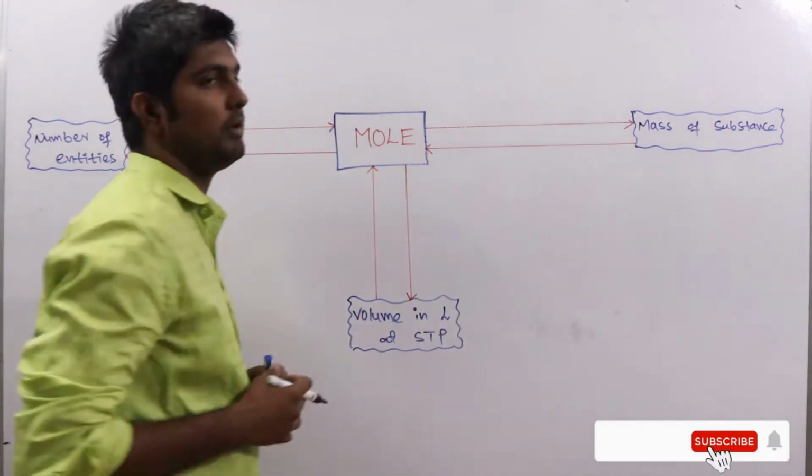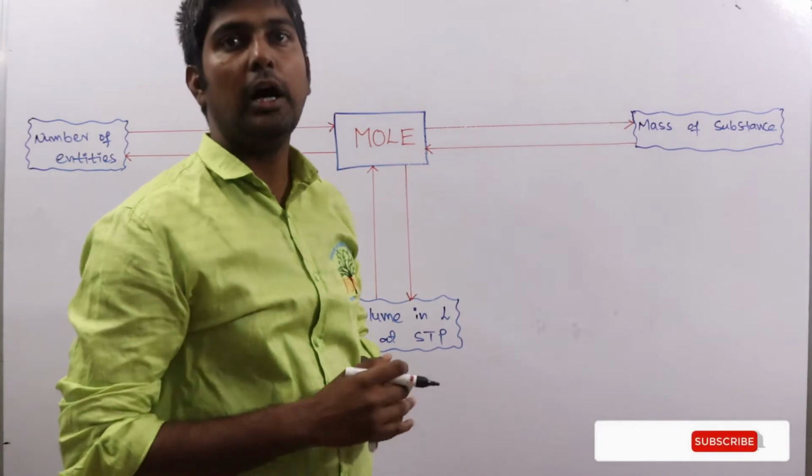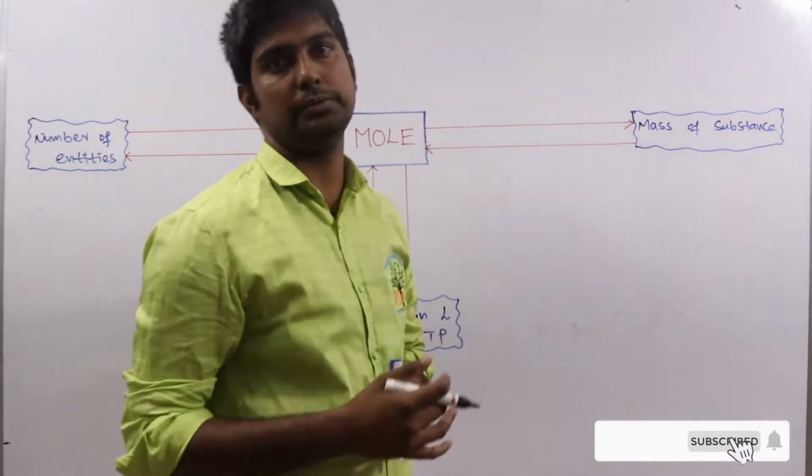Let us see how to solve these easily, starting with this one. They have given some moles of a substance and asked you to find the mass of the substance.